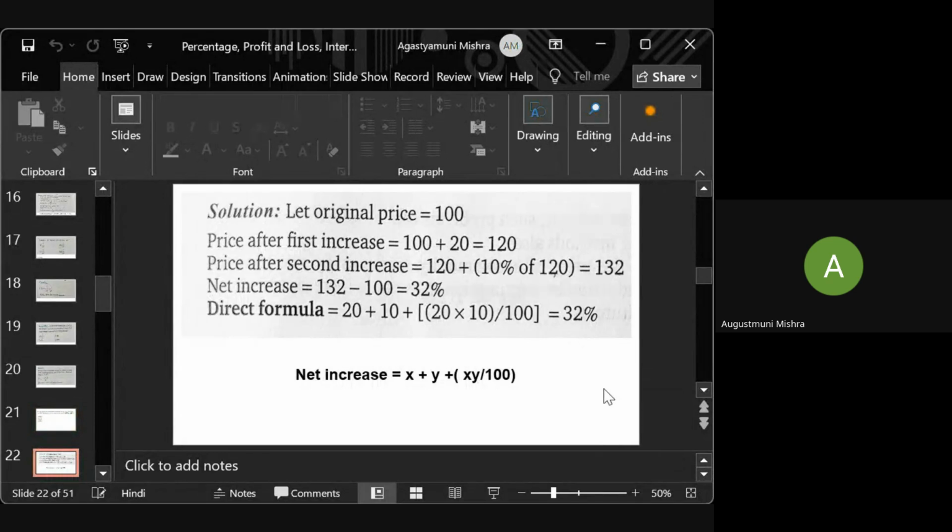Okay, so option B, that is 32%. So you can check your answer here. Within half a minute, I will change this slide.